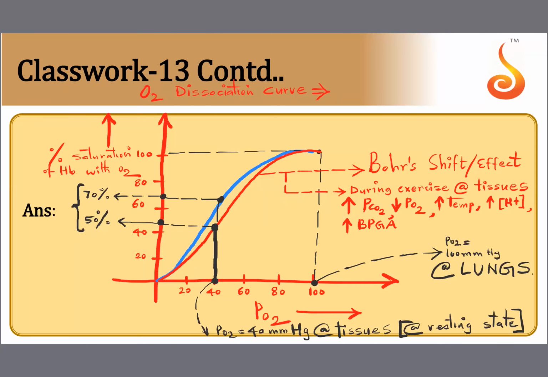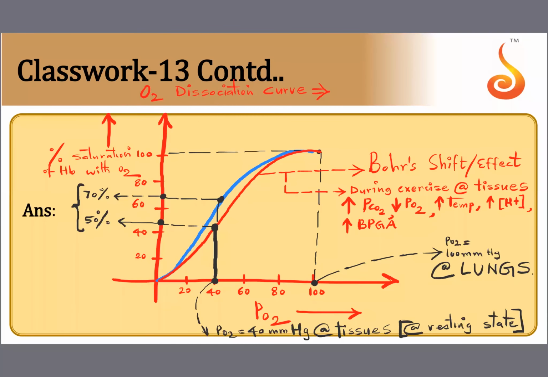Because the sigmoid curve is shifting to the right, there is a further fall in the saturation value. That means more oxygen is getting delivered to your body tissues. When you were not exercising, 30% was delivered to your body tissue, because 70% is the saturation value.